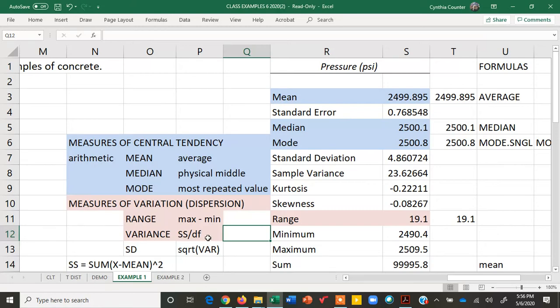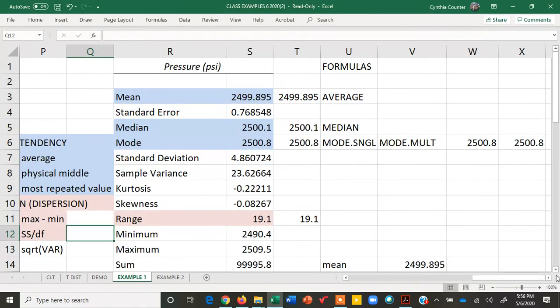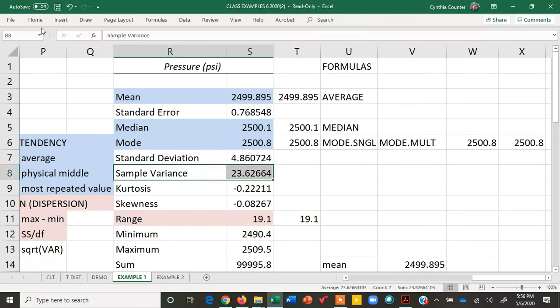Well, how are you going to work with that? How are we going to think, how is our data spread about? How are we going to measure this? So what the variance does is it ends up measuring, basically, here's the sample variance. Let me highlight it right now.